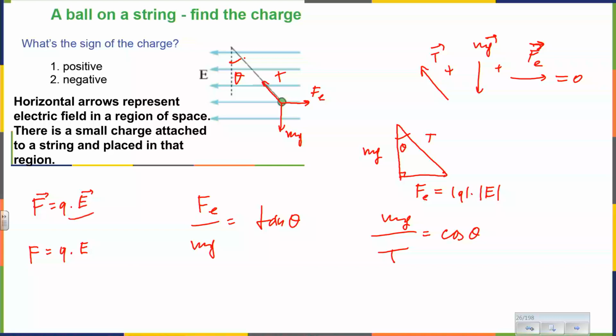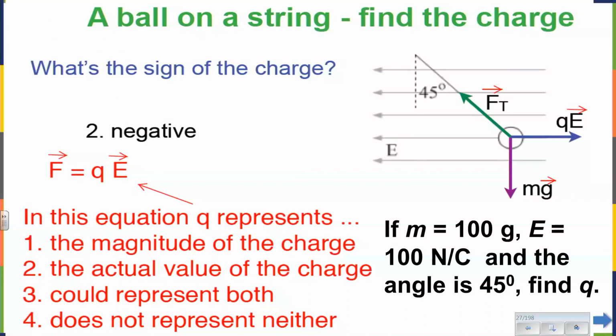In this equation, this is the actual value, the actual charge. If it's a positive charge, this is a positive number. If it is a negative charge, that's a negative number. But in this equation, that Q represents magnitude. So I always like to show it explicitly, but you don't have to, you just need to remember. So in this equation, this Q represents the actual value of a charge.